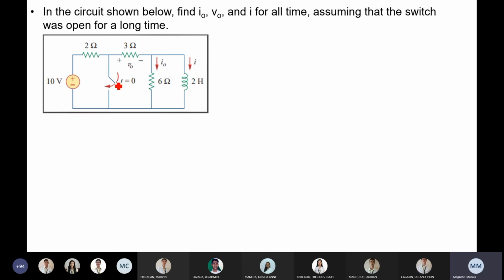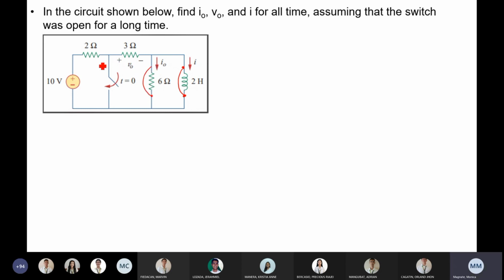So, yung initial condition niya is naka-open muna to. Itong switch natin, no? So, kung naka-open yan, yung circuit natin is connected kay 10 volts, diba? Pag naka-open, so parang wala tong switch. So, ganun na lahat. Yung inductor natin is shorted. Tapos, since naka-parallel yung 6 ohm sa kanya, so ito parang shorted din, diba?